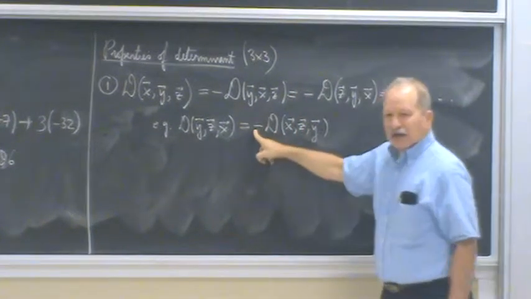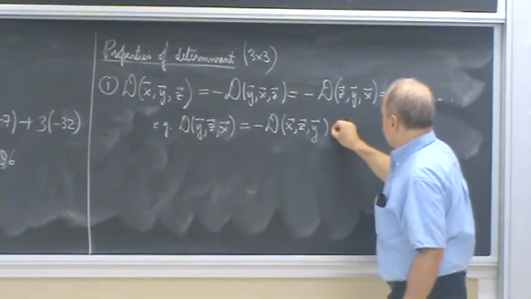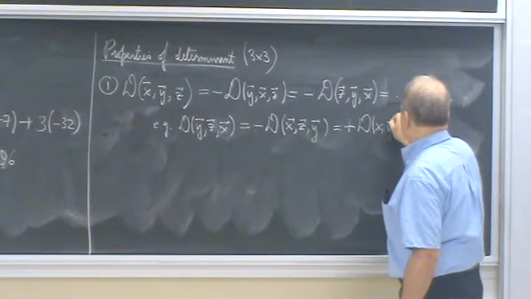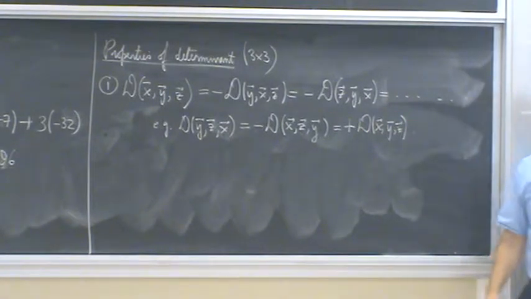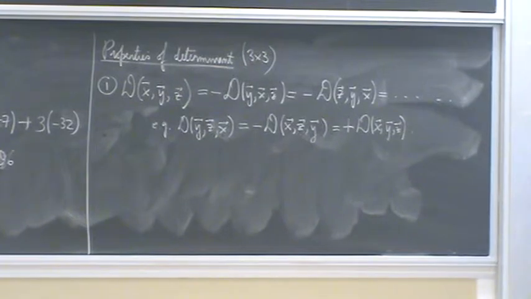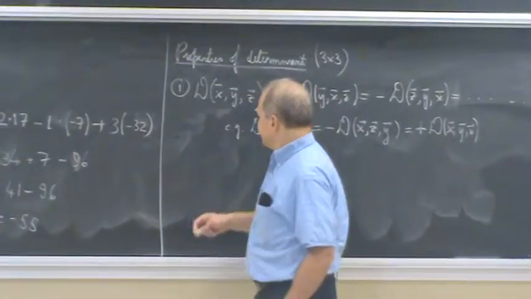And that would give you one minus sign. And then you could switch the y and the z, and that would give you yet another minus sign, so it would make it plus the original, which is what Alex said. So given any particular switching around that you do, you can figure out how many minuses it corresponds to. There's a fancy word for that you'll learn next semester.